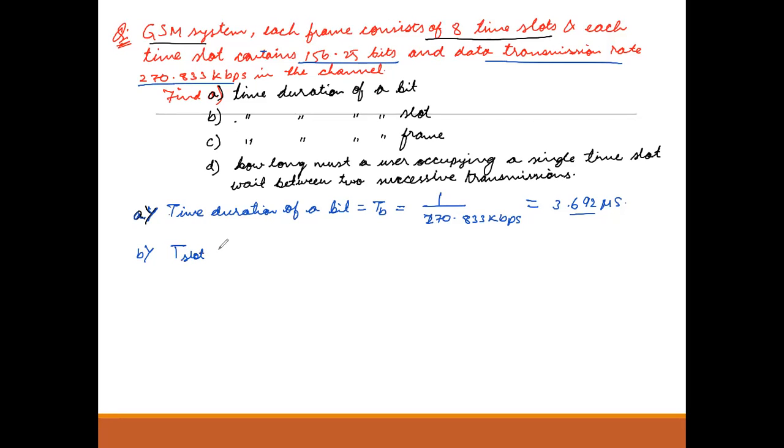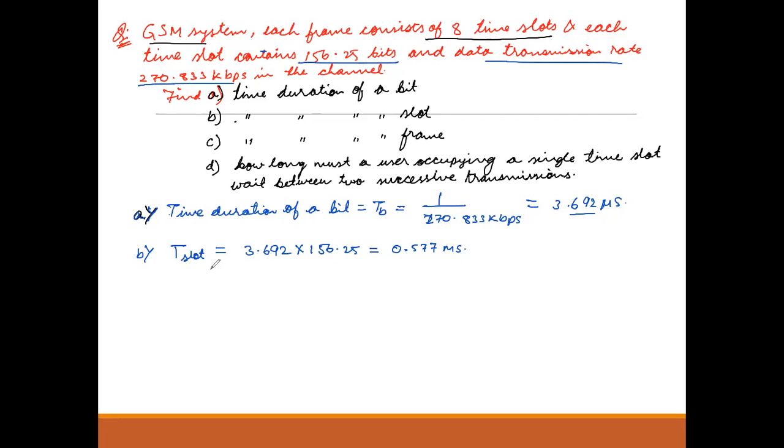So the time duration of a slot, that is T slot. Okay, so T slot can be the time duration of one bit, that is 3.692 into total number of bits in one time slot. So total number of bits is 156.25. Okay, so it will be approximately 0.577 millisecond.